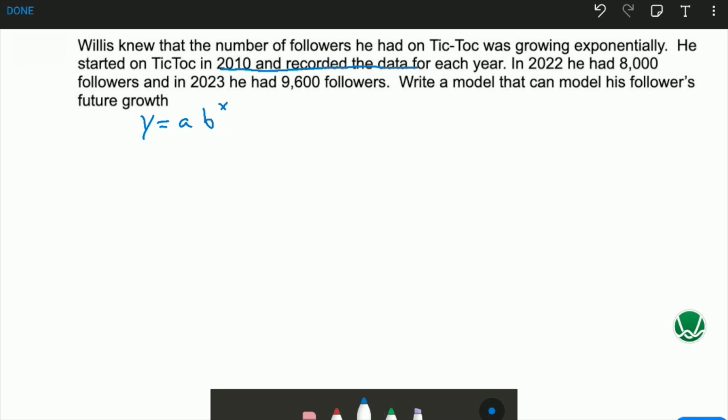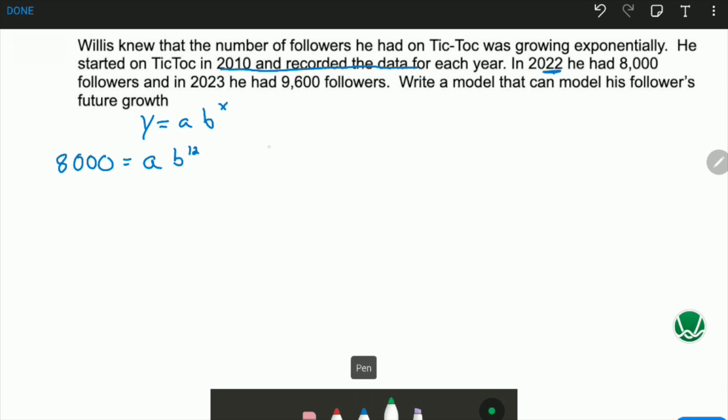So I'm going to set up two instances of this. The first one is for 2022. In 2022, he had 8,000 followers, which is the y value. We don't know how much he's starting with, and we don't know the growth factor. But we do know how many years have passed since it's 2022 and he started in 2010: 12 years have passed.